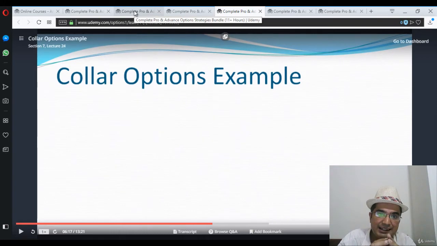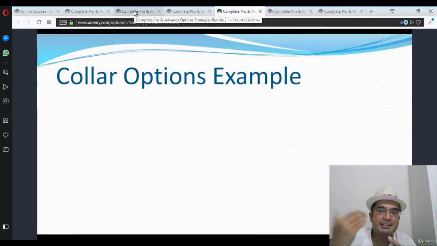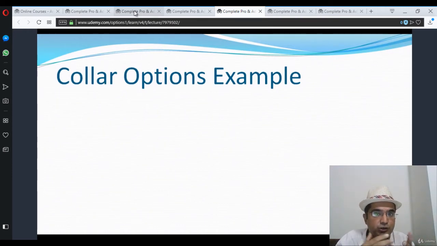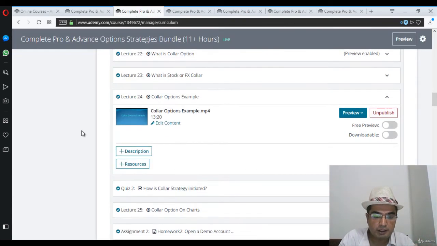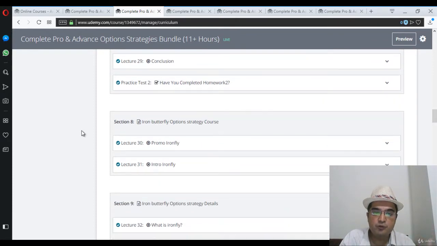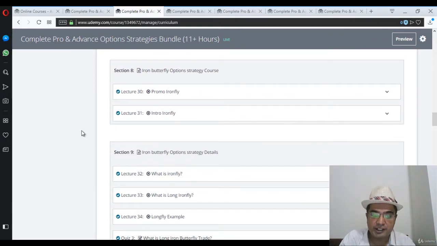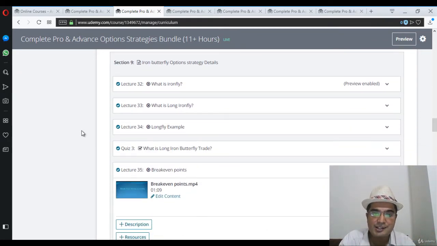I've selected a demo and live trading platform so that I can tell you to first try it on demo and then move on to the live trading platform, because first you should brush up your skills, then move onward. After the collar option strategy, we move to the iron butterfly strategy, which is also known as iron fly.